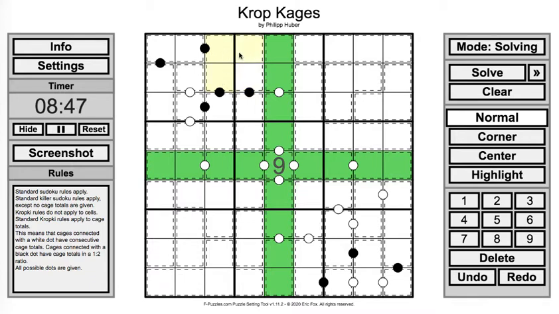So even if this 4-cell cage was 10, then the lowest this could be would be a 5, and we can never put a 10 in here. So this can never be twice the sum of these 2 digits. So basically we know that if we halve this sum, we get to this sum, and if we halve it again, we get there.